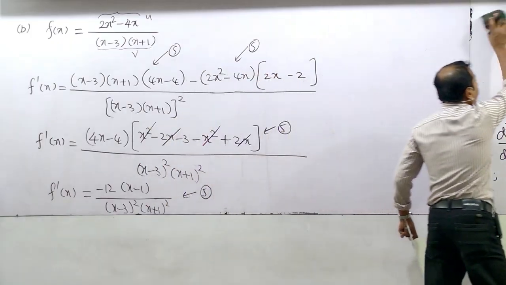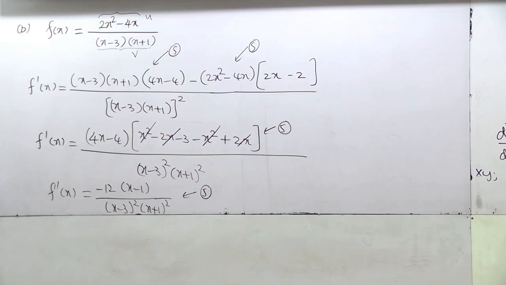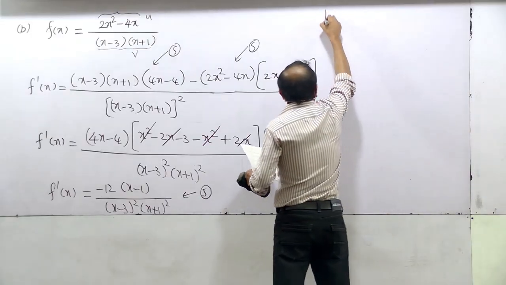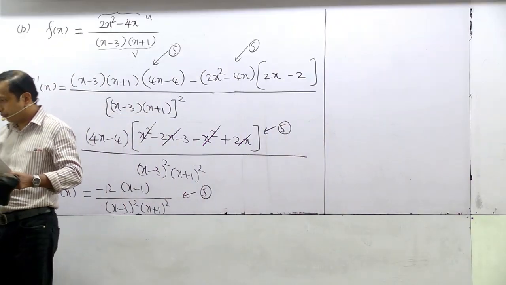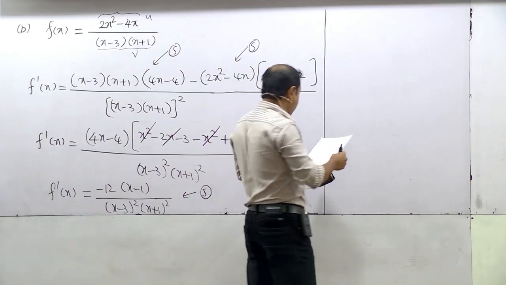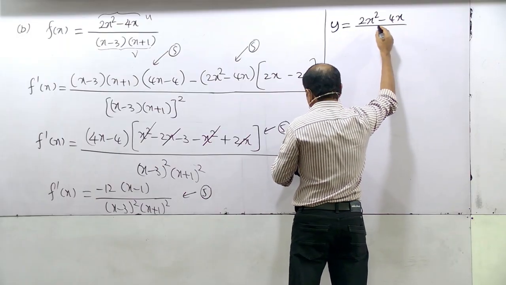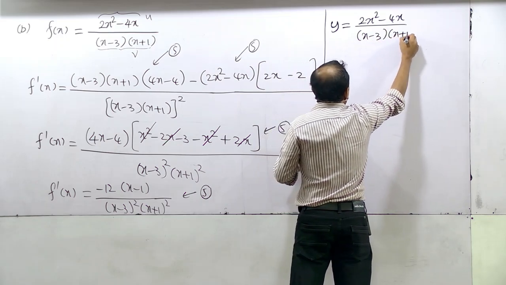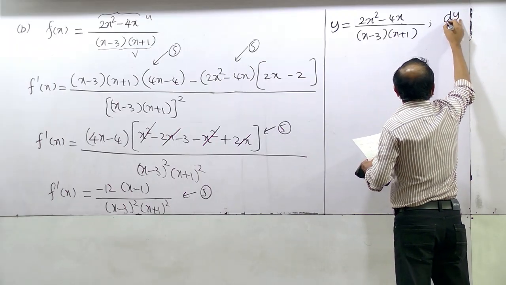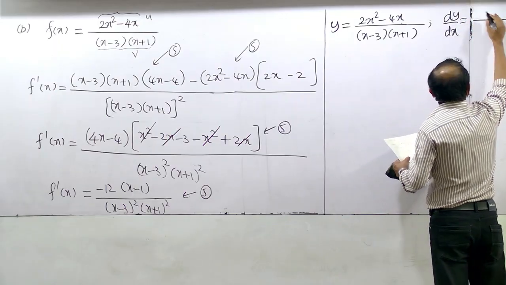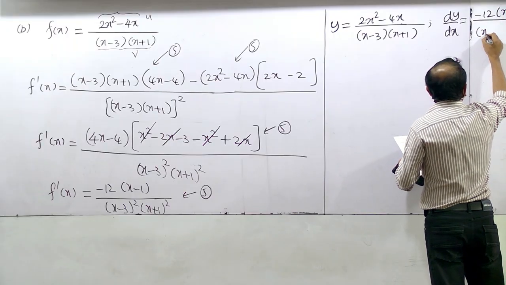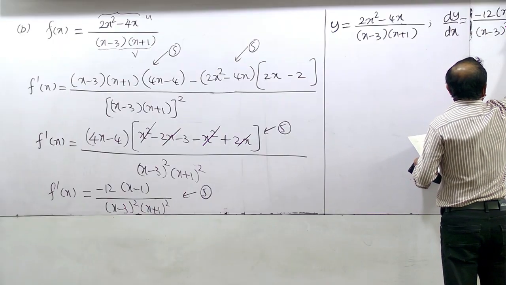Right, now the rest of the part. Here the y function is known, and dy/dx we just found. The function is y = (2x² − 4x)/((x − 3)(x + 1)), and dy/dx = −12(x − 1)/((x − 3)²(x + 1)²).